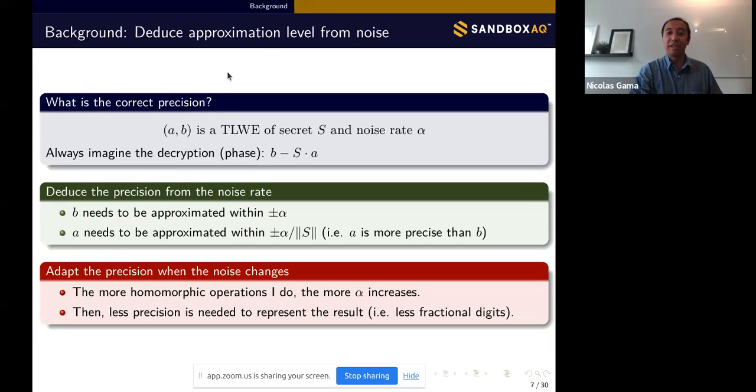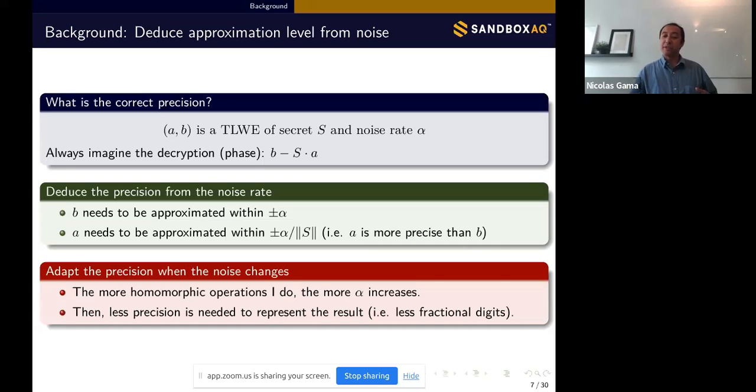So the very important thing from the philosophy of TLWE is that everything derives from the noise rate. Always remember the decryption formula b minus s·a. If we want an output that is known within alpha, it means that the term b of the LWE sample needs to be known within plus or minus alpha, and a should be known with a little bit more precision, usually alpha divided by the norm of s, or alpha divided by the square root of n. That's the guideline: we deduce the precision that we need from the noise rate.